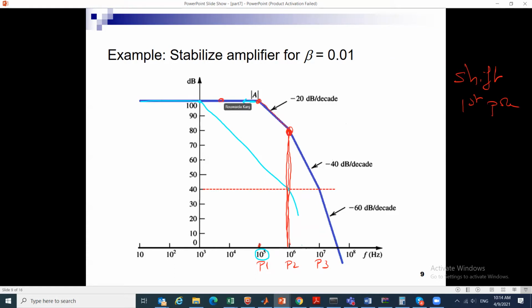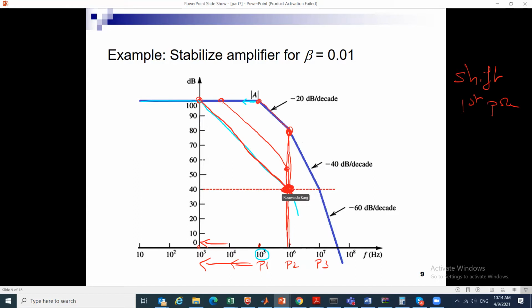Now if I move this here, this will be my inflection point, right? And if I move this further, P1 further to this point, then this will be my inflection point.